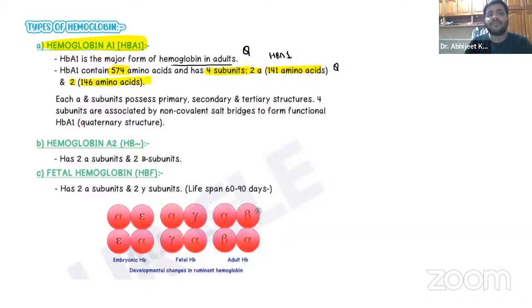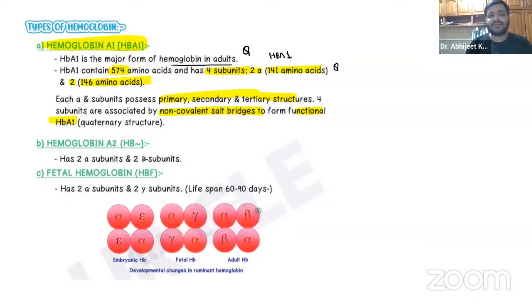Now, each subunit possesses primary, secondary, tertiary structures, right? So these 4 subunits are associated by non-covalent salt bridges to form the HbA1. These primary, secondary structures basically form a quaternary structure, guys, resulting in the formation of this HbA1, right?